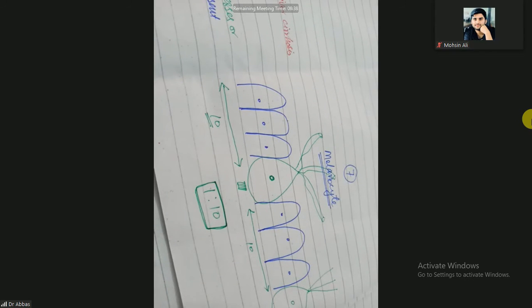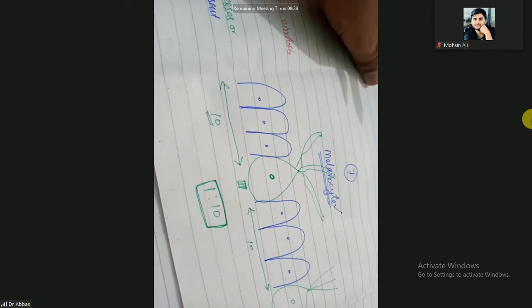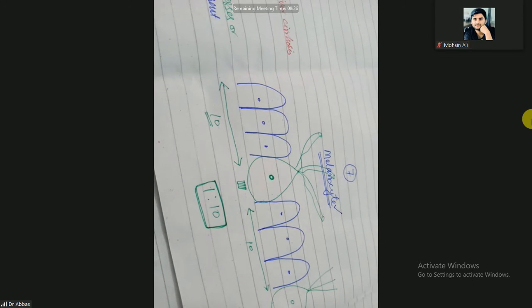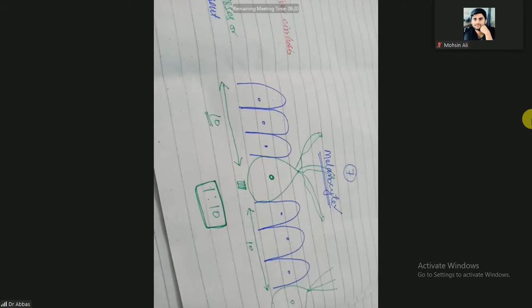Okay. So next point, these melanocytes are equal in number. I am discussing melanocytes. These melanocytes are equal in number per centimeter square of the stratum basal for every individual.